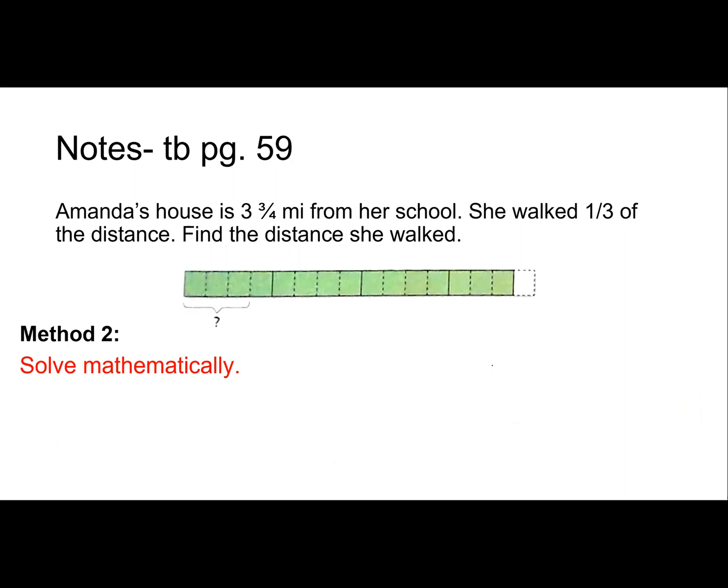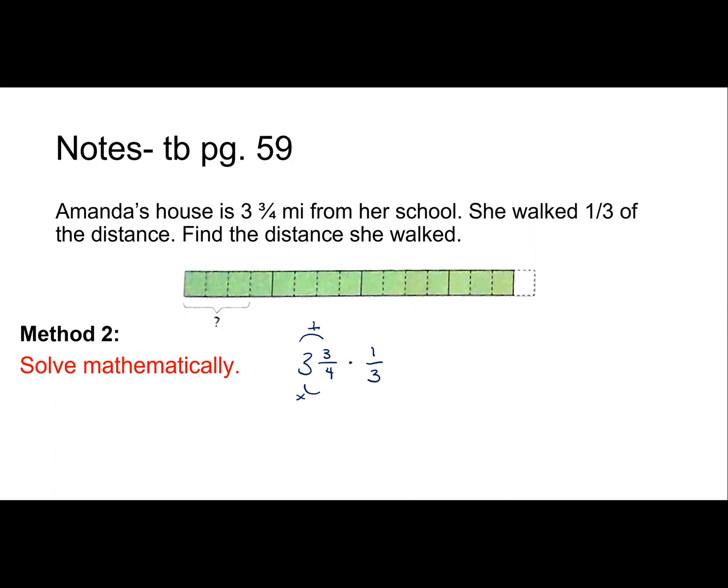The next method is to solve mathematically. So here's how we're going to do that. If we're going to multiply 3 3/4 times 1/3, we're going to change the 3 3/4 to an improper fraction. So remember, to do that, we multiply the denominator times the whole number, and we add what's in the numerator.